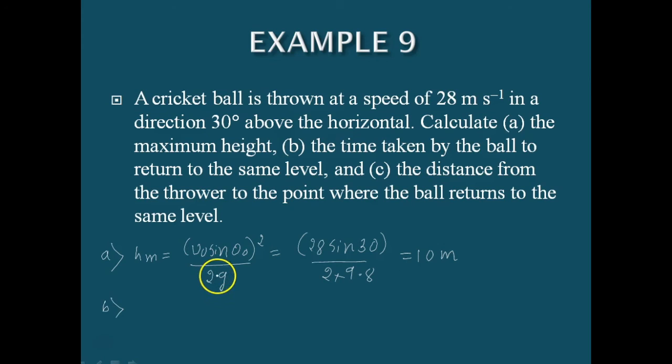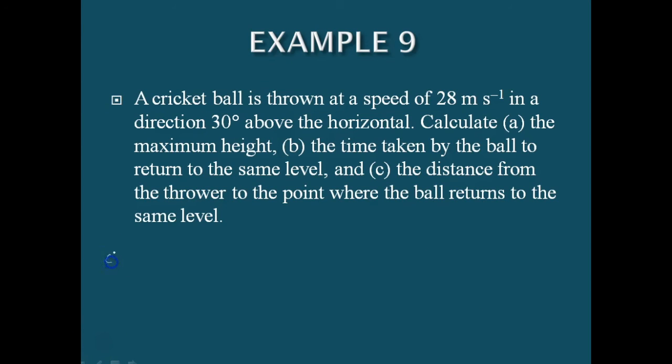In the second case, the time taken to return to the same level, that is the total time TF, is given by 2 v naught sine theta naught by g. Okay, so the total time we get it as 2.9 seconds.